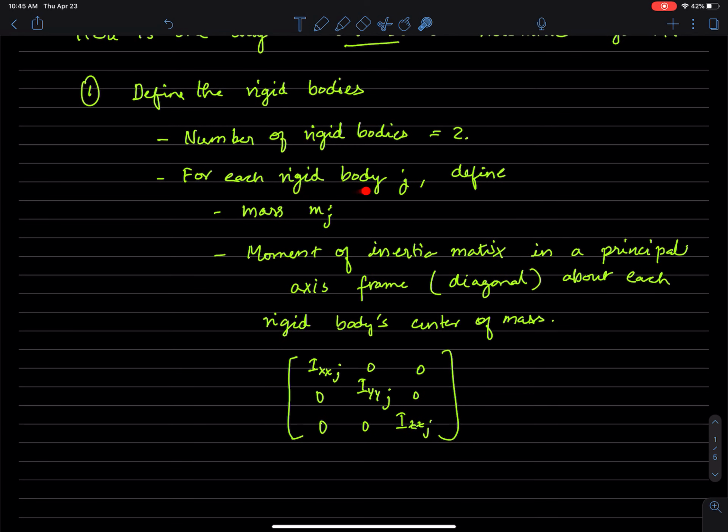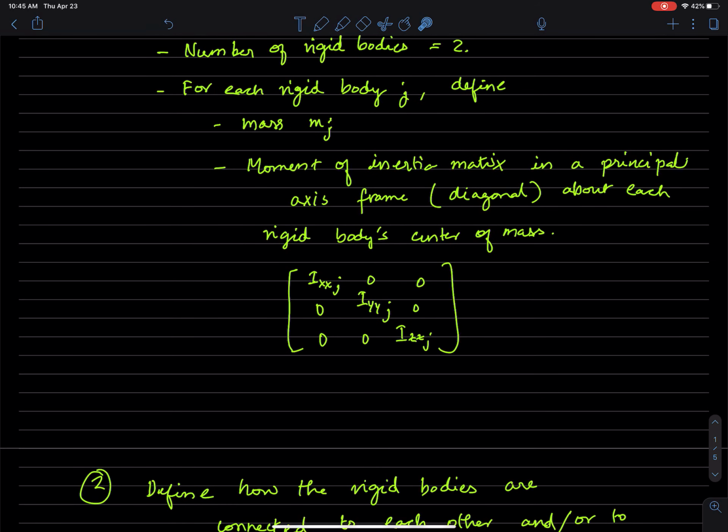And then for each rigid body J, so let's say J goes from 1 to 2 in this case, of course, you define what the mass is. And then we also define the moment of inertia matrix. Most commonly, we will define the moment of inertia matrix in a principal axis frame so that the moment of inertia matrix is diagonal.